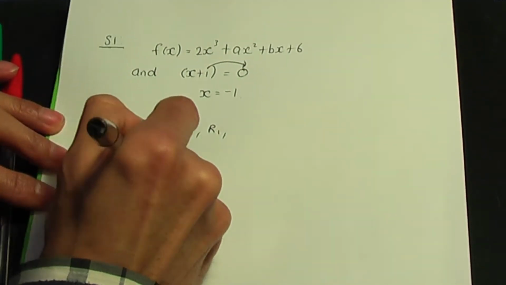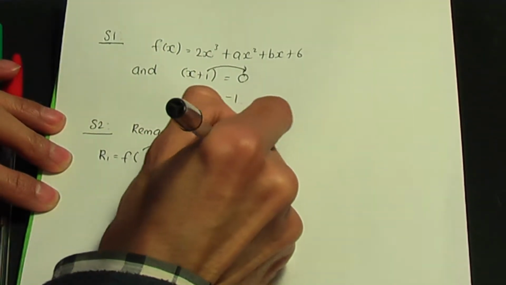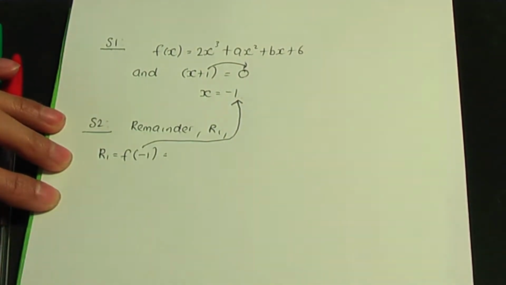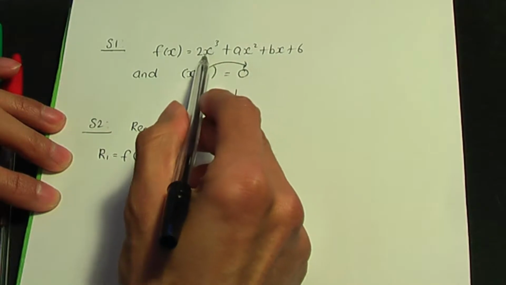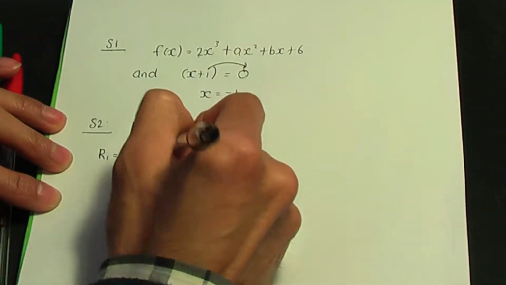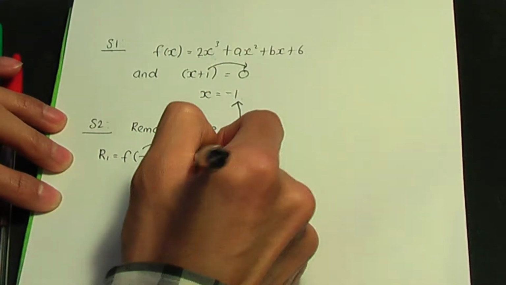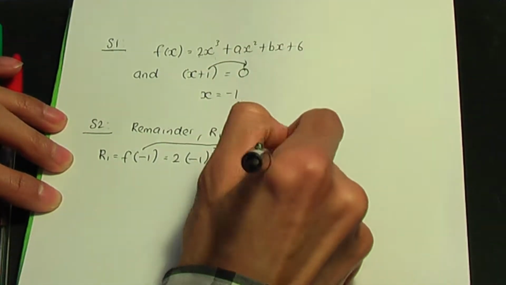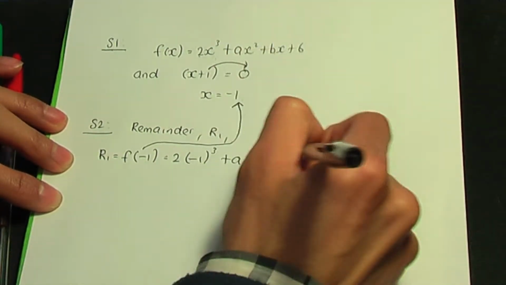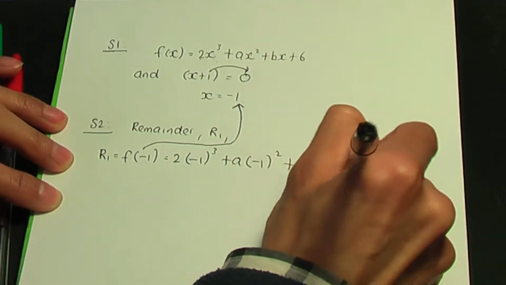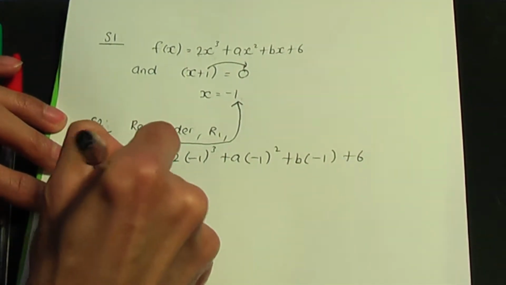So R1 will be f of the value of x in step 1, which is minus 1. If I replace all of the x's here by minus 1's, we're going to have 2 into x, which is minus 1 cubed, plus the a, x, which is minus 1 squared, plus the b, x, which is minus 1, plus the 6 at the end.